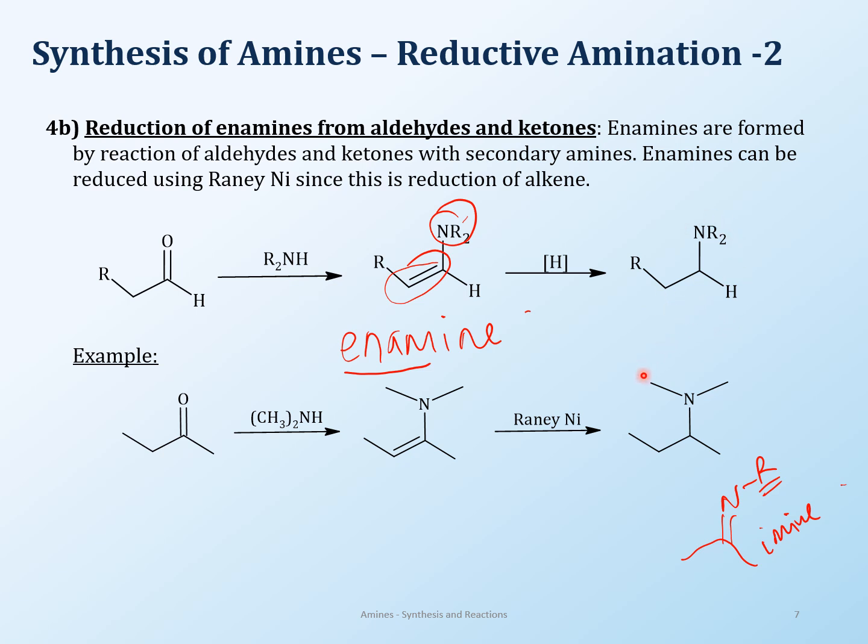So this is even better, not good English, but it gives you a variety of amines that you can make using reductive amination. Okay, so here is an example of that. I took a ketone here with a secondary amine, and now the final product that you end up getting is going to be a tertiary amine. Okay, so it's a nice way of making different kinds of amines that you want.